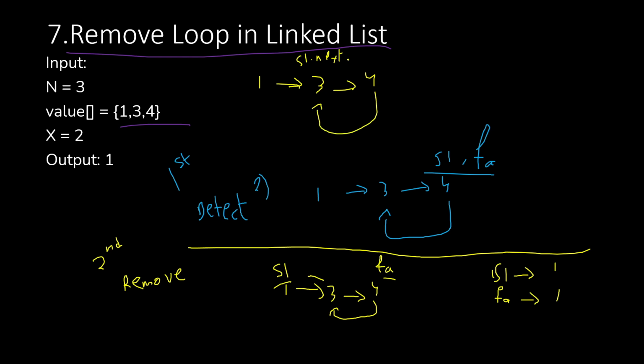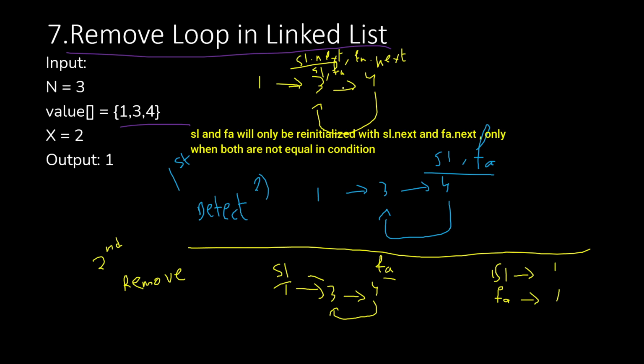So FA and SL dot next are both equal here, and we haven't reinitialized SL and FA. We haven't done that because if we reinitialize and write it as it is, and keep SL or FA in place of SL dot next, we won't know the position of the loop where it is recurring. We won't be able to know.